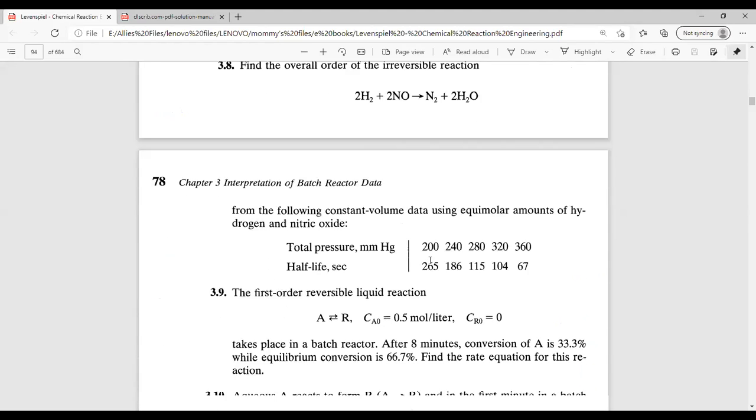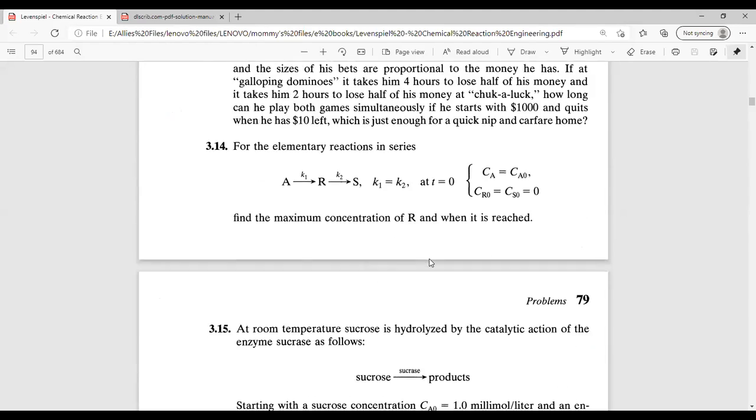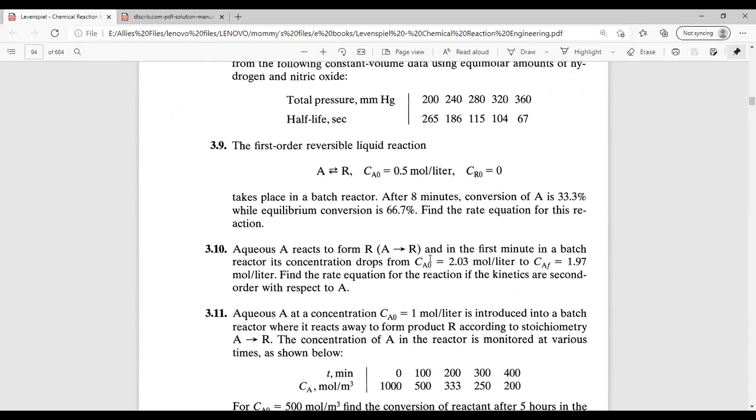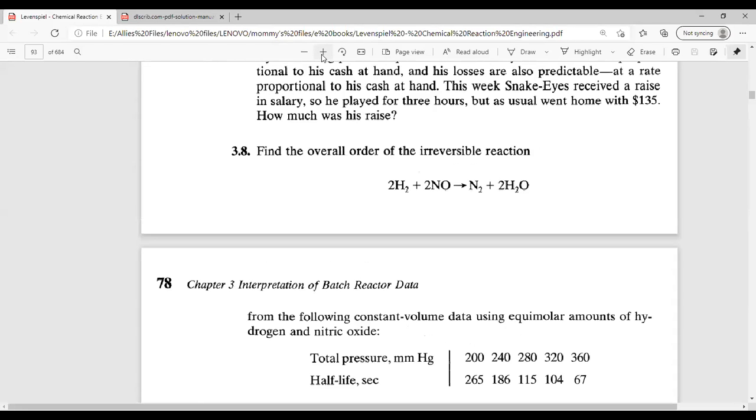Okay, what do we have next? It would have been good if we had reached 3.8, although I can give you the outline of how you're going to determine the solution for 3.8. I will just give you the direction on how you're going to solve for 3.8. So 3.8 goes this way.